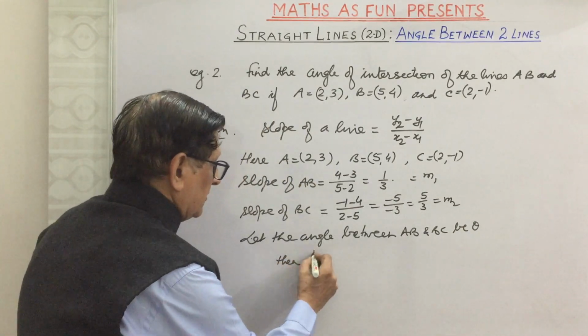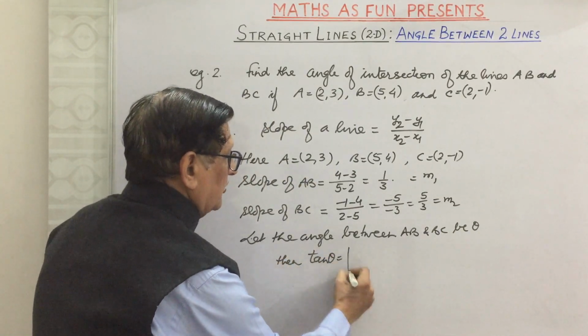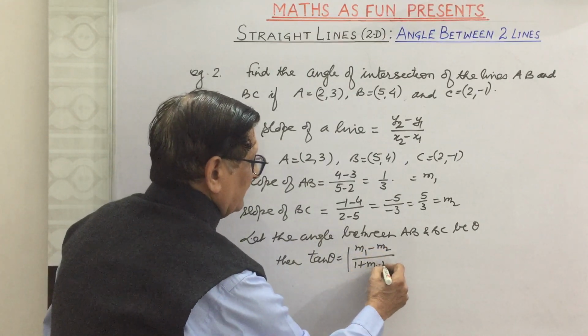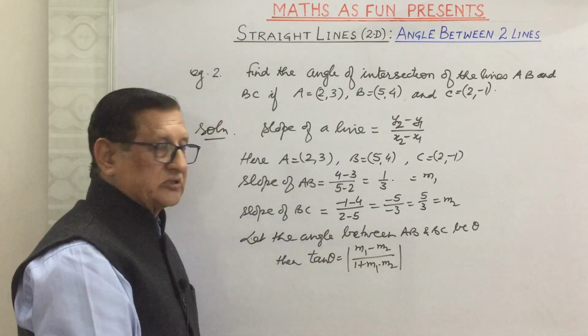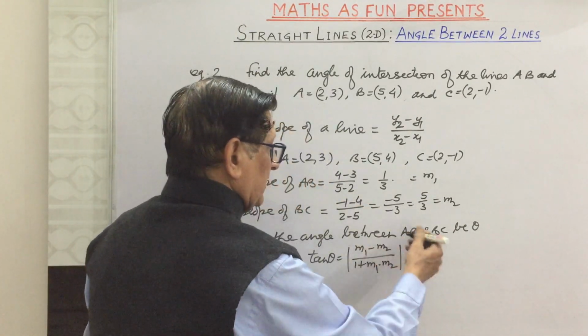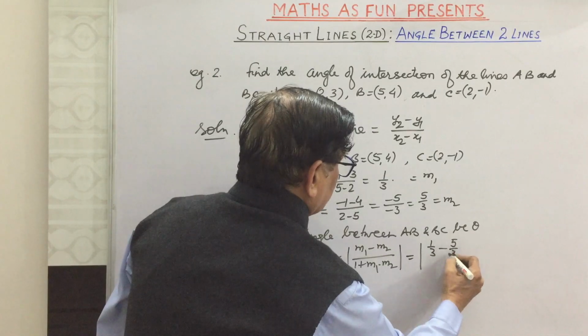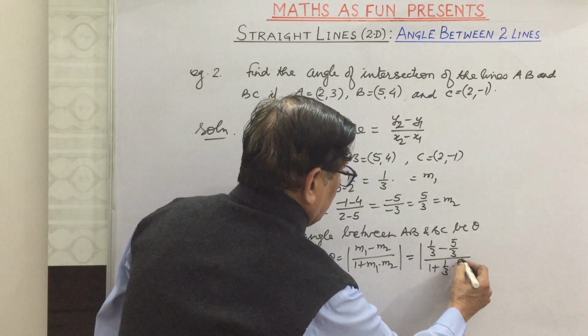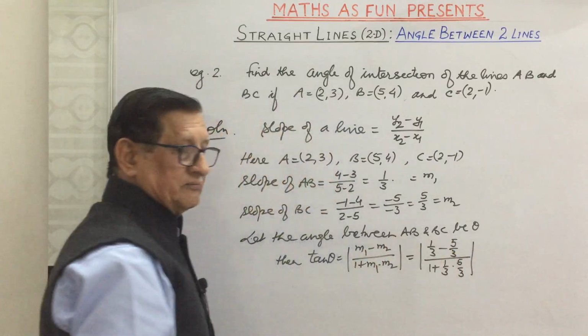Then tan theta is equal to (m1 minus m2) upon (1 plus m1 into m2). Substituting the values, we are getting here (1 upon 3 minus 5 upon 3) whole upon (1 plus 1 upon 3 into 5 upon 3).